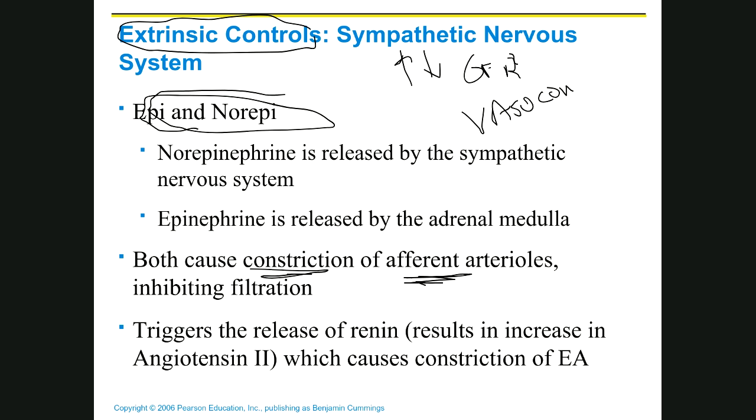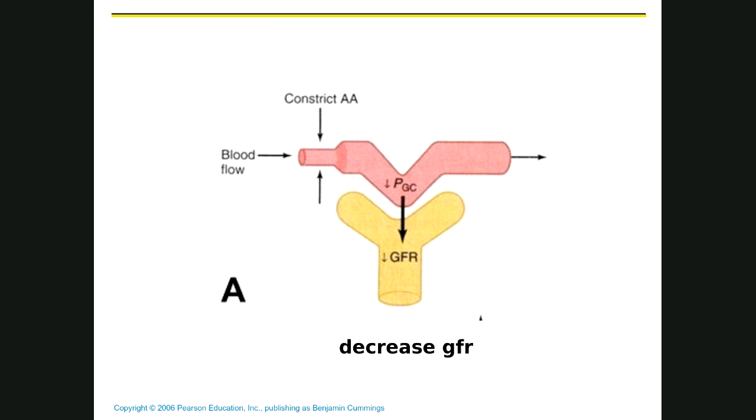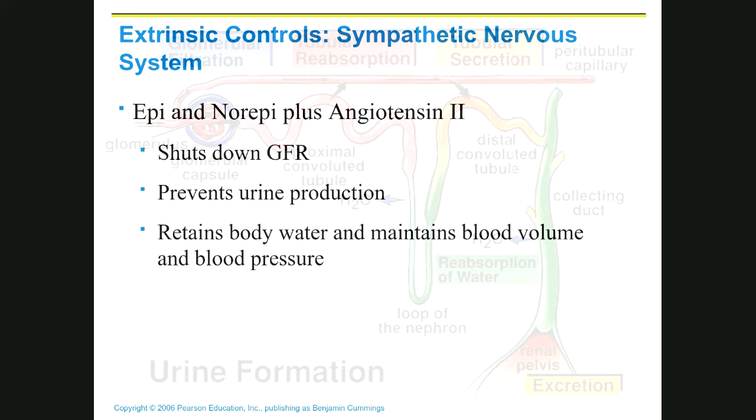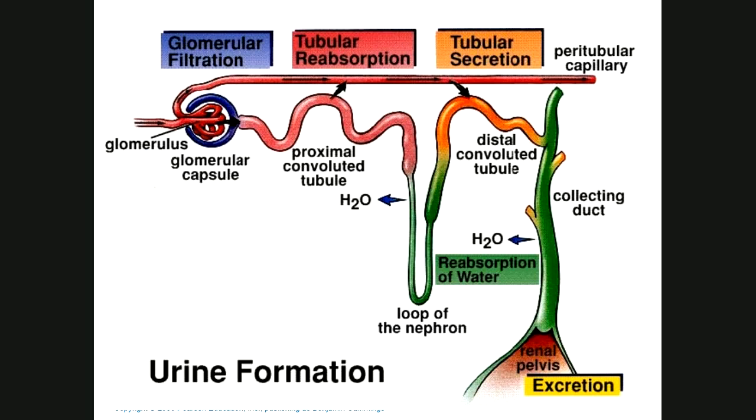What is that going to do to GFR? It's going to decrease GFR. In other words, this is going to happen. So we're going to wind up with a decrease in GFR. Any questions?